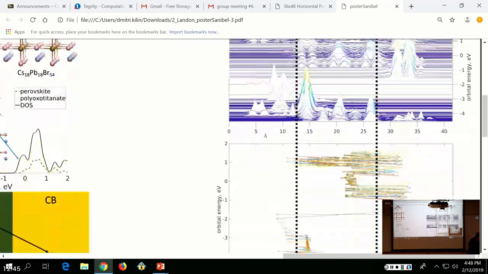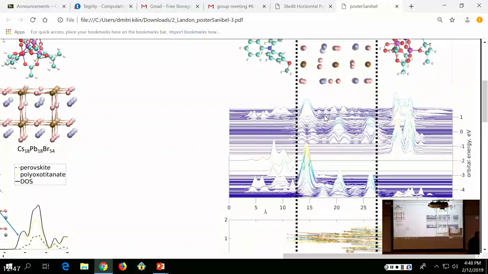Each of these slices represents an orbital, and this axis represents distance in that model in angstroms. You can see where each band is localized as far as what species is on here. Just a nice visualization. I don't know if I should say too much about that or not.